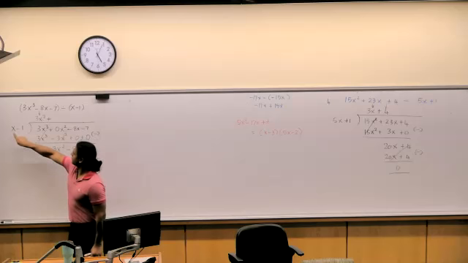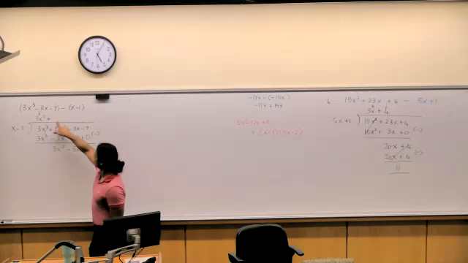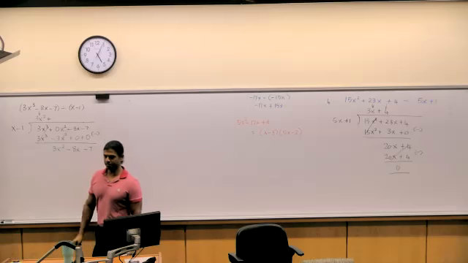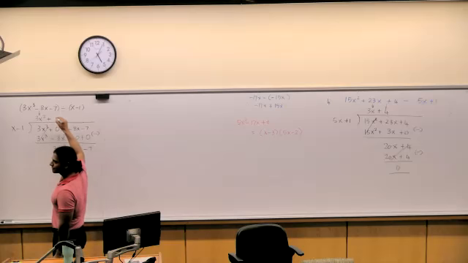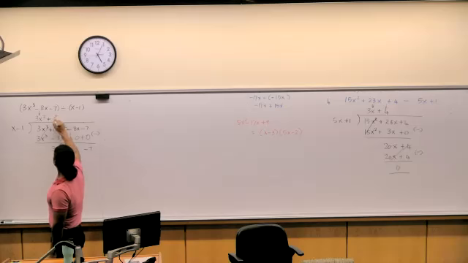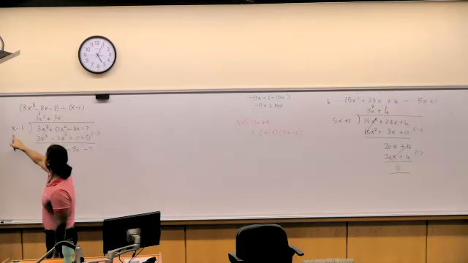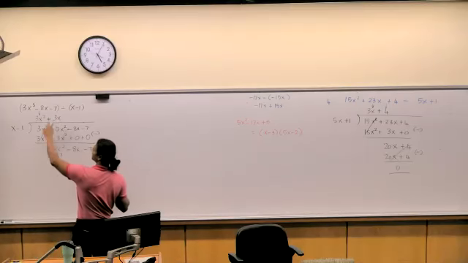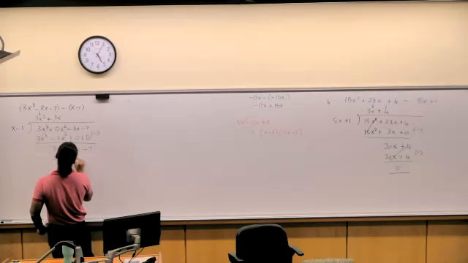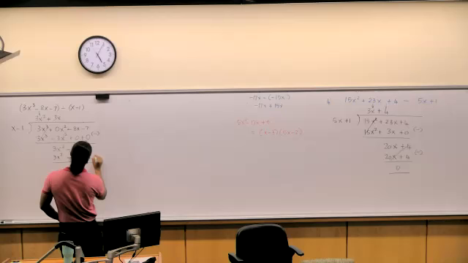I've got to multiply x by something over there so that I get 3x squared. What should that expression be? 3x. 3x times x, 3x squared. 3x times negative 1, negative 3x.